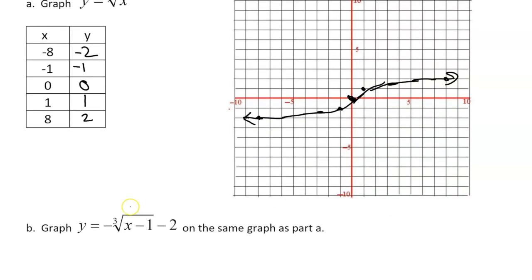From there, part B is now saying, could you graph the transformation after it's reflected over the x-axis, and it's going 1 right and 2 down.